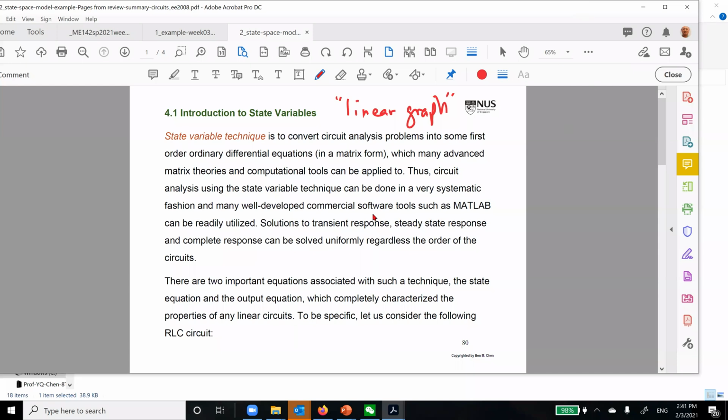But in other textbooks, they don't call it linear graph theory. They call it the state variable technique. We have MATLAB standard tools to do all this. So I'm going to use the following RLC circuit to show you how we can build the state variable technique.